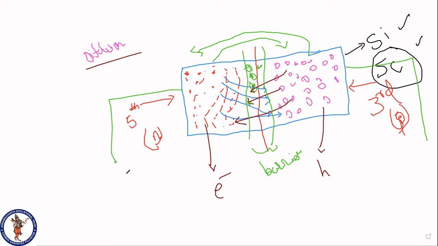The process of moving of electrons is because of diffusion, which goes from higher concentration to lower concentration. They will recombine at the junction, and because of that, the barrier will be created. After that, the electrons and holes cannot move from one side to another side. This is how the p-n junction will be formed.